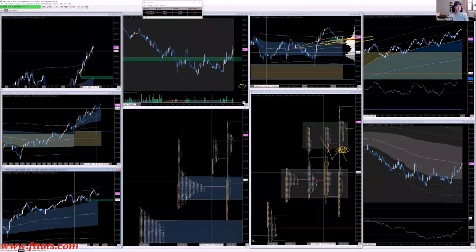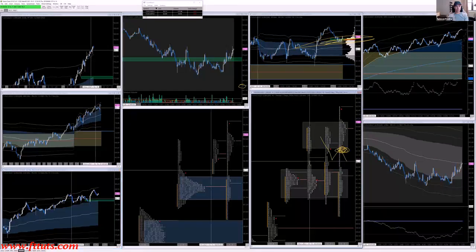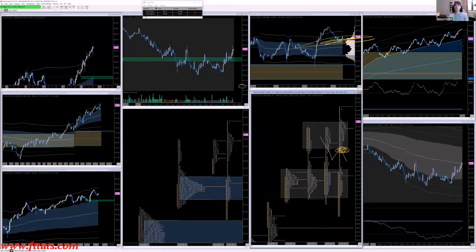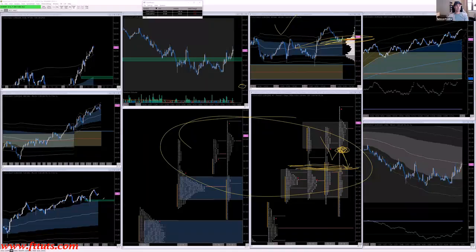So pretty much by the time monthly maybe keeps ticking up, it's going to be right at the top level of the CVA. So this trade, this short scalp idea would work. It would make sense on this time frame, and structurally it would make sense on this time frame.